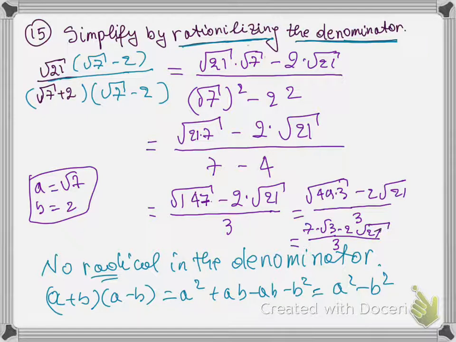Sorry about this, I ran out of room here. So the answer to our fraction in the rationalizing the denominator form is 7 times square root of 3 minus 2 times square root of 21 over 3.